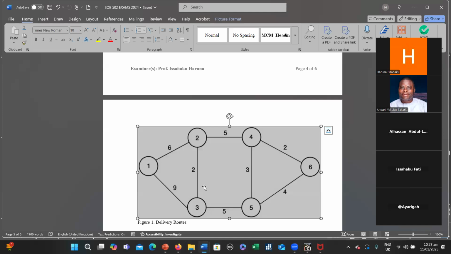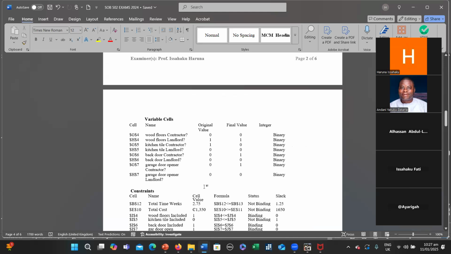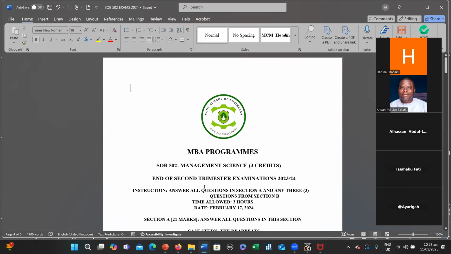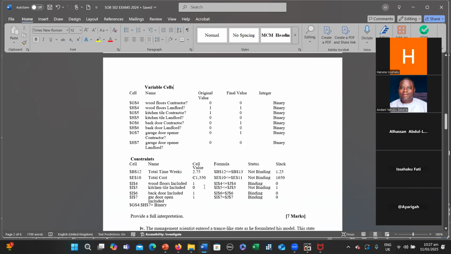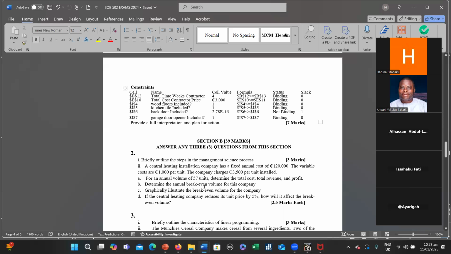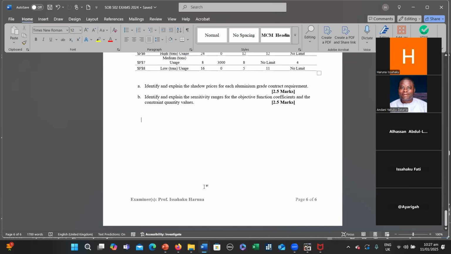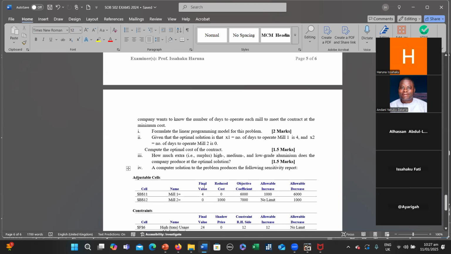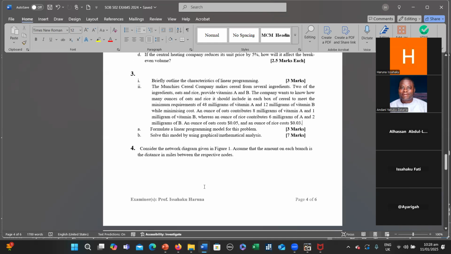Then, if you go through the notes, some items do not require calculation, some require calculation.